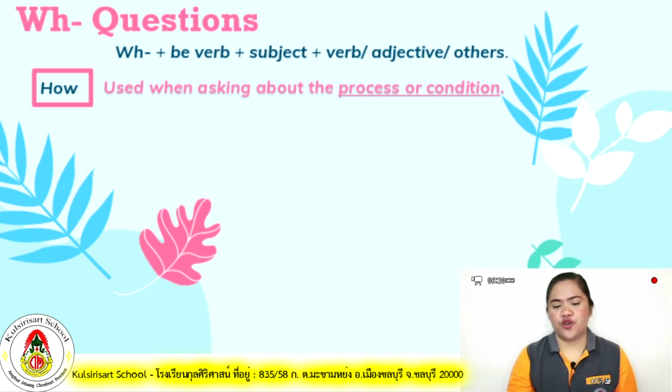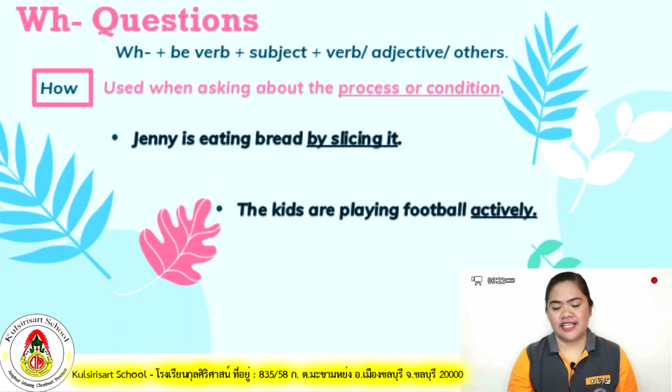Okay, so we'll have here examples. Jenny is eating bread by slicing it. And for the second sentence, we have, the kids are playing football actively. Your WH question should start with the word how.